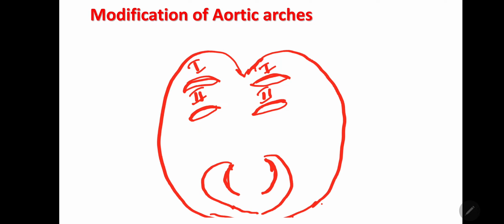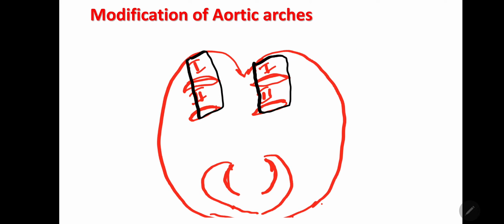And how does this aortic arch develop? First, there is development of the first aortic arch artery and second aortic arch artery. First and second. But soon they will disappear, leaving behind the maxillary artery.